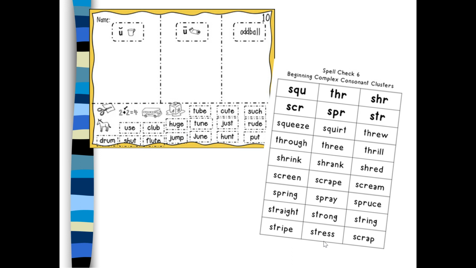So for squeeze, the first word, the student would move the word squeeze to fall under the SQU category. Same thing with squirt. They would move that word under the SQU category.